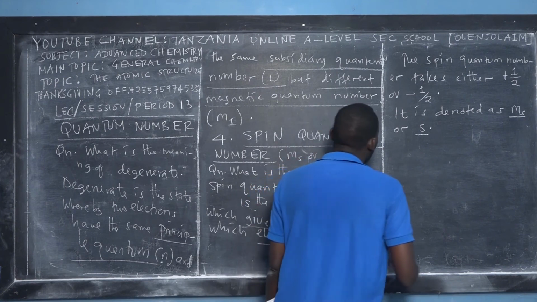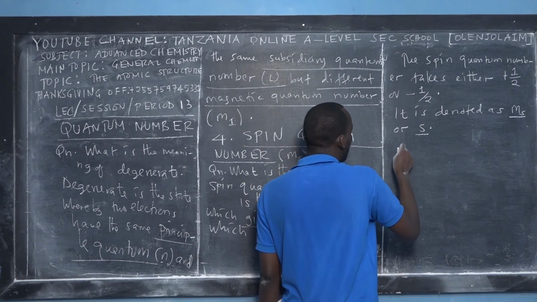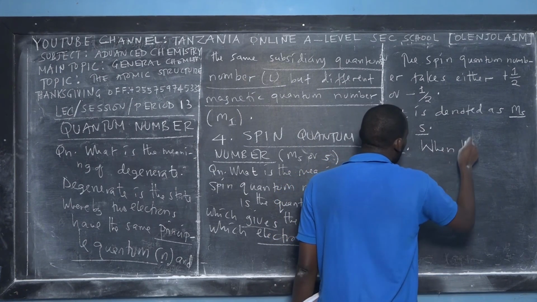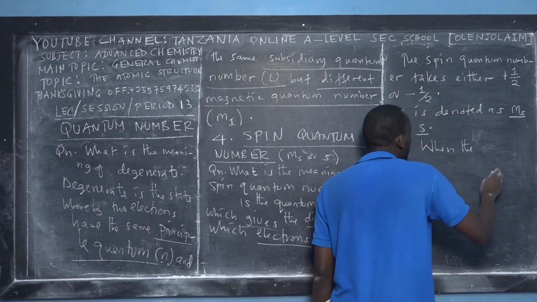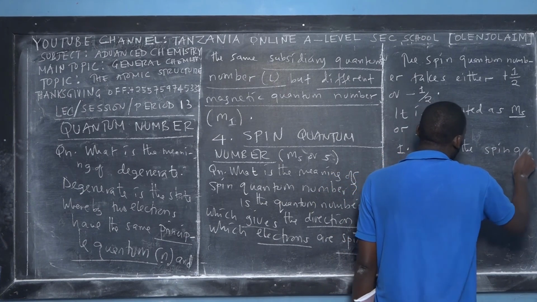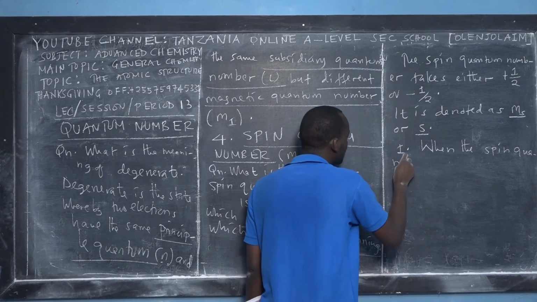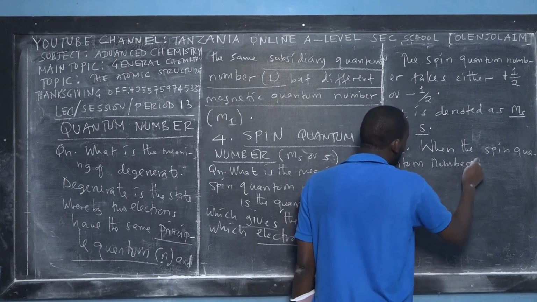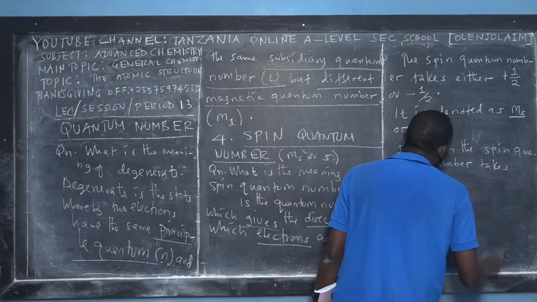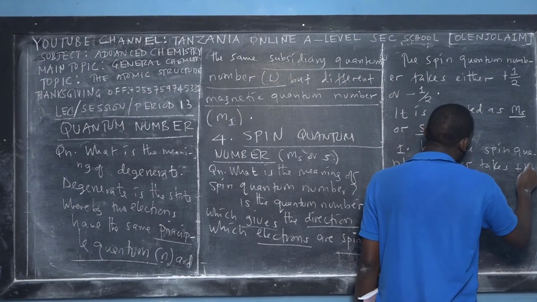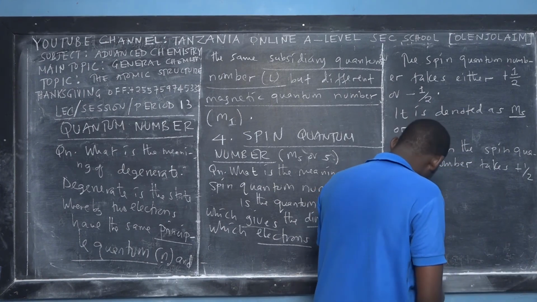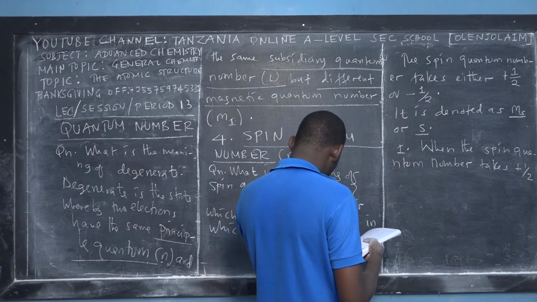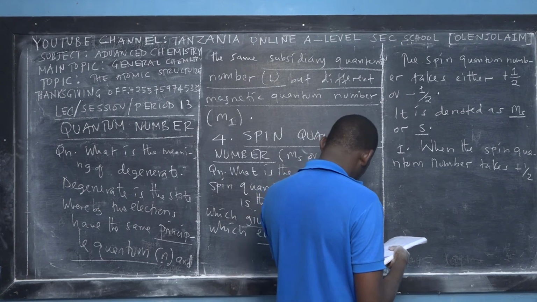So what does it mean? We say that when the spin quantum number takes positive half, it means that the electron is spinning in the clockwise direction.